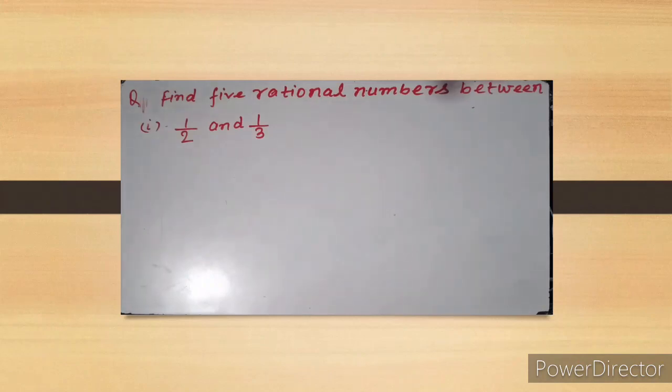In the last video lecture, we discussed rational numbers and we did one question of finding rational numbers between two rational numbers. Today, we will continue with the same one.